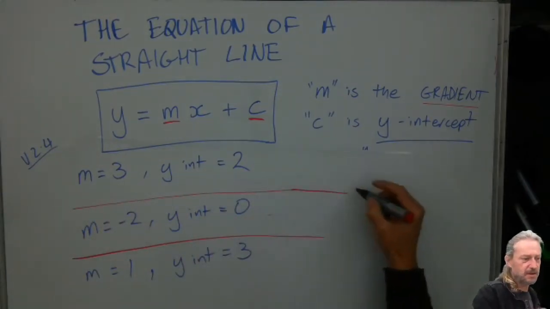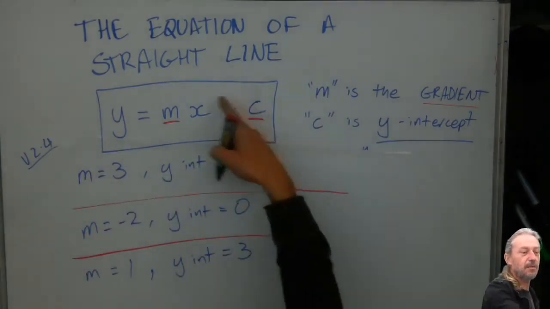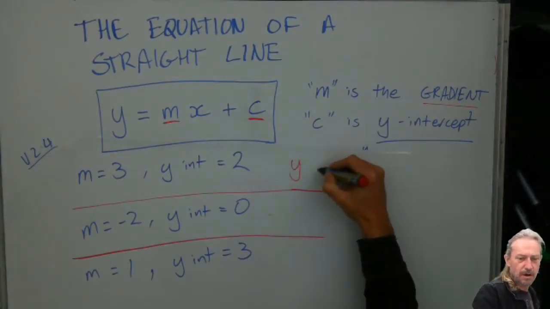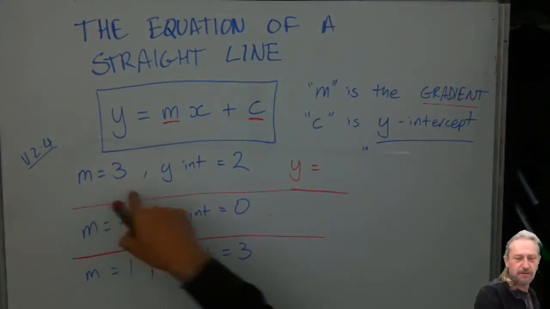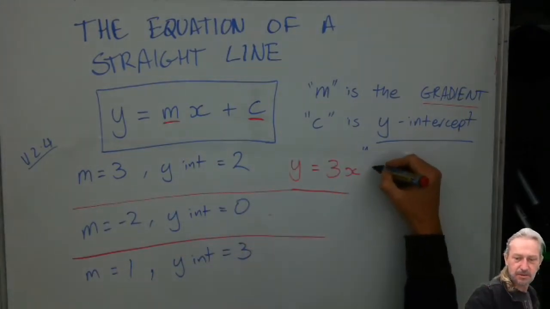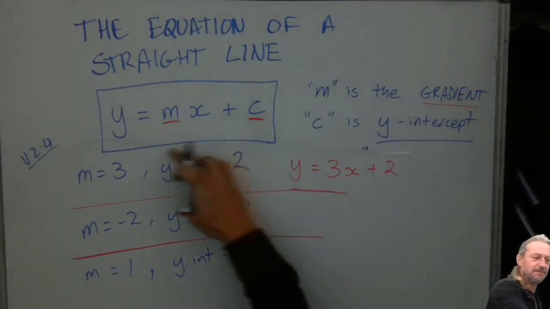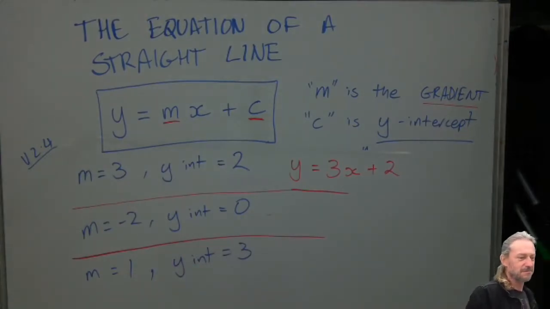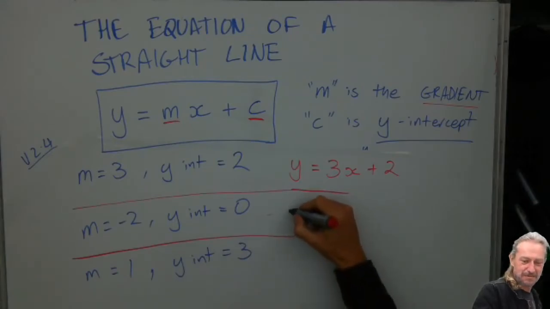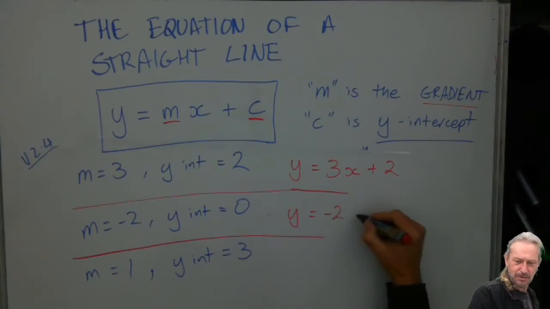Okay, so this first one, we're taking these numbers and we're converting it into this form. So this one, y equals this number in front of the x, 3x plus 2. So this is the equation that describes this. Okay, so this one, y equals, our gradient is negative 2.